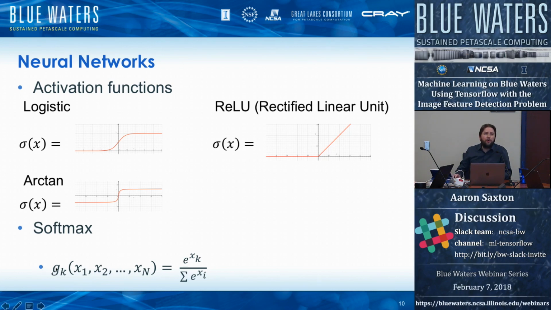The important detail is that, with a little bit of college algebra, we'll see that if you sum up all the softmaxes, they sum to 1. And that's the point, it's a way of normalizing your outputs.